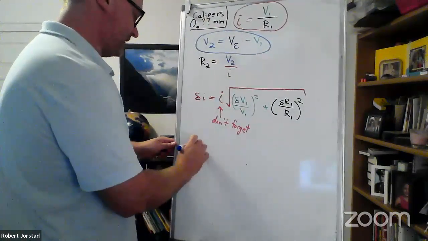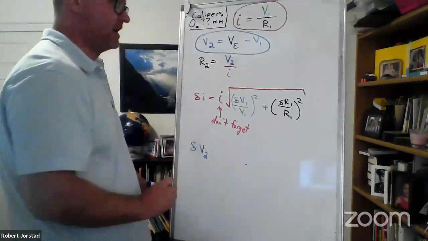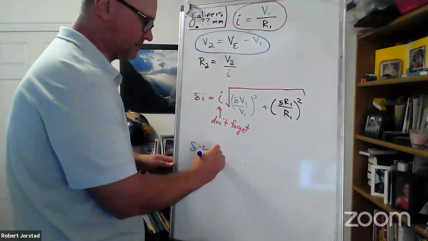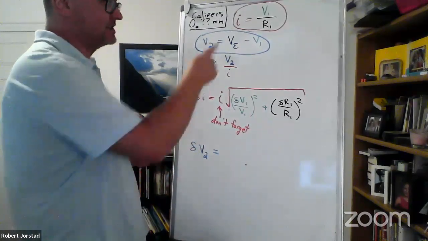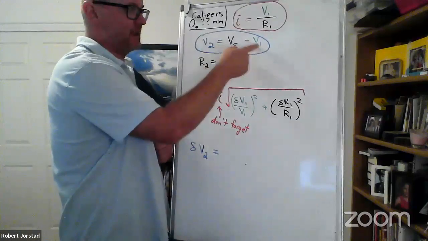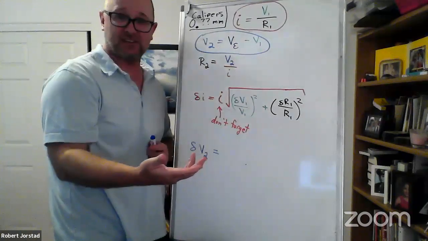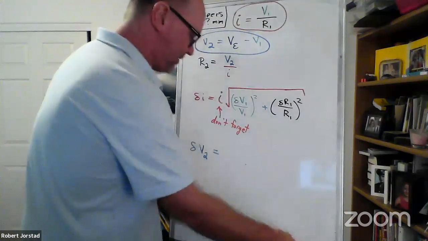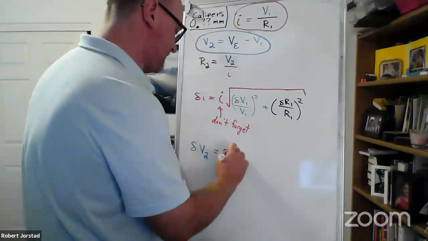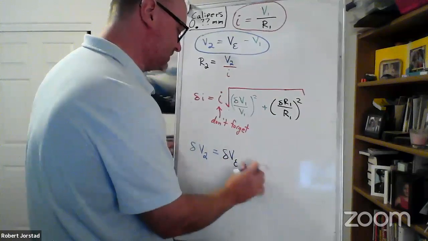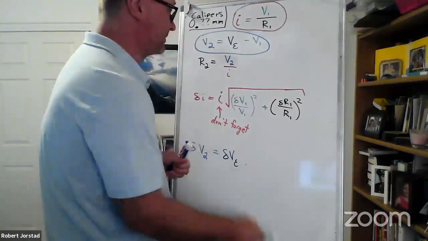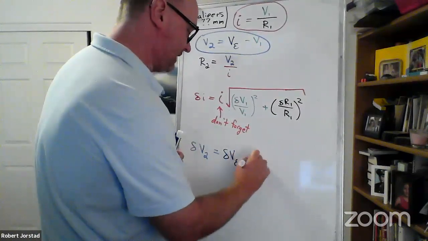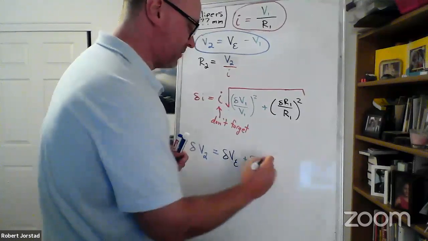So the error in V2, there's many different ways you could do this, but we're going to assume that these two errors, wait, what if this one's off and that one's off? A worst case scenario would be add the two errors together. So some people might say do this, just say take the error in this voltage and add it to the error in the other voltage. That's a worst case scenario.